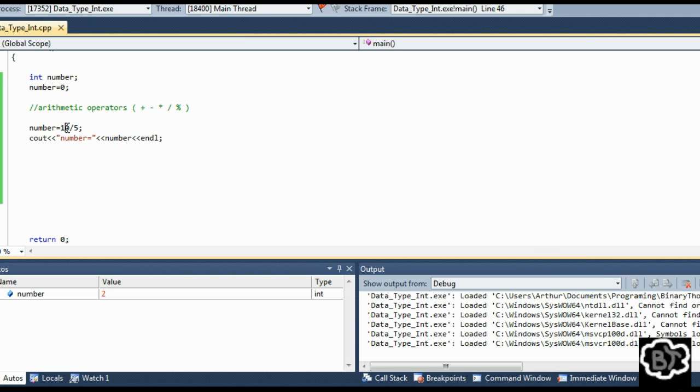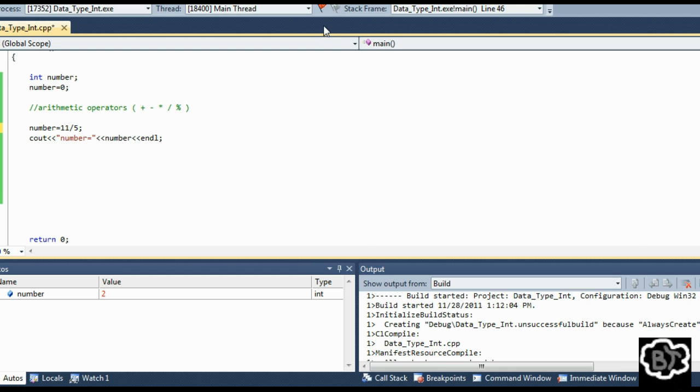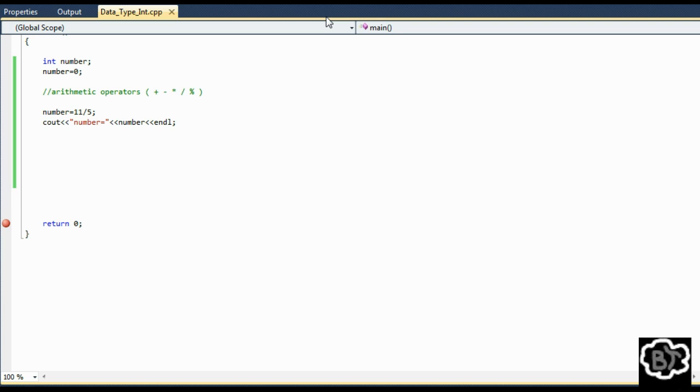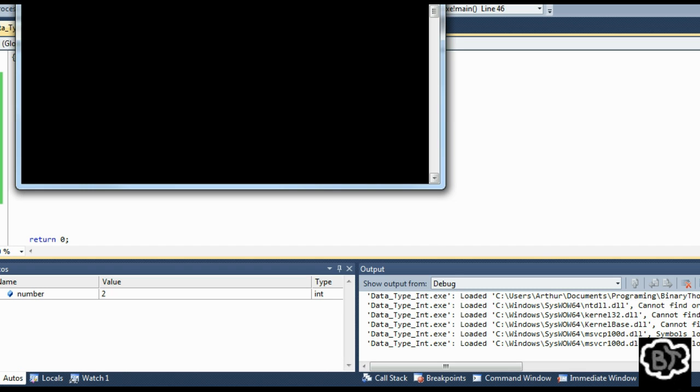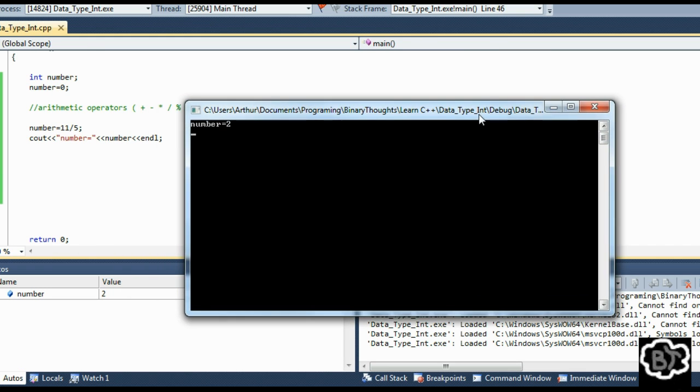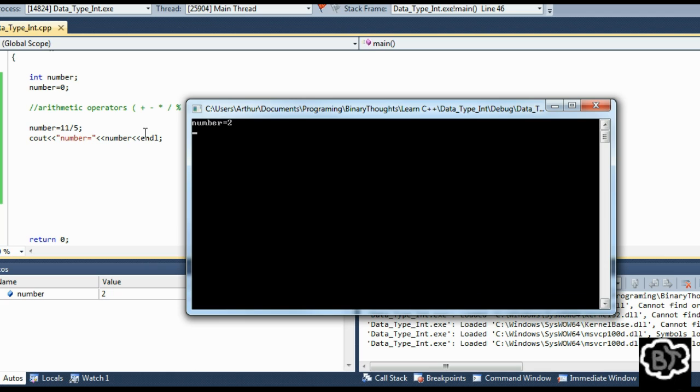But if we were to change this to 11 and rerun this, 5 doesn't go into 11 equally, but it still gives us the value of 2, which isn't correct, or at least not the way we would expect.